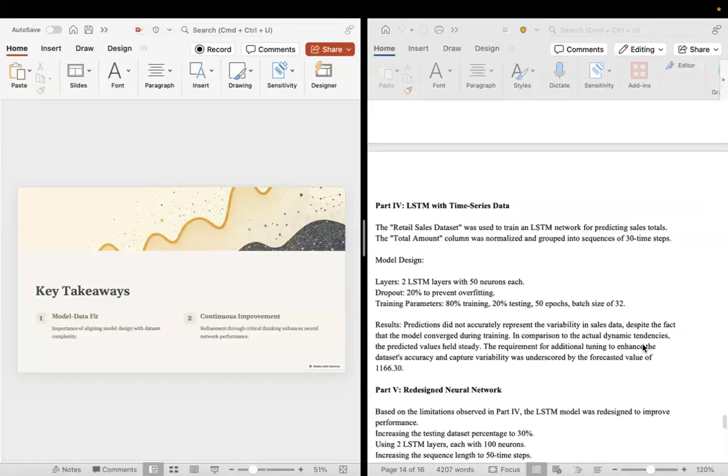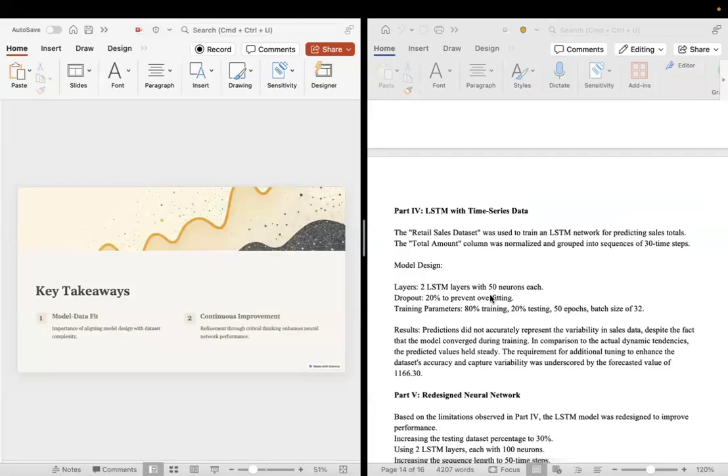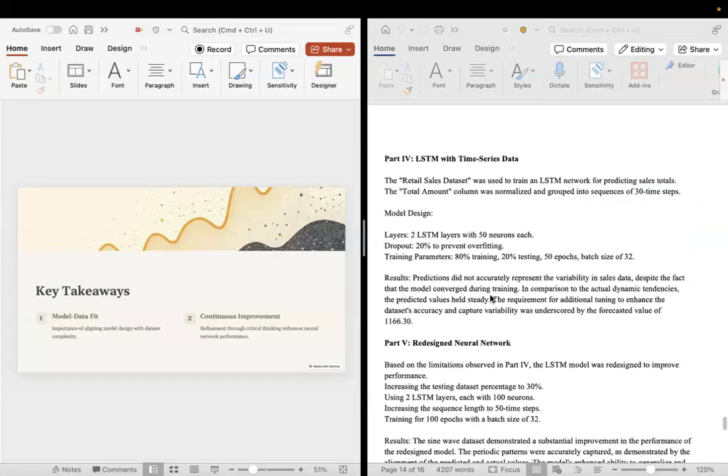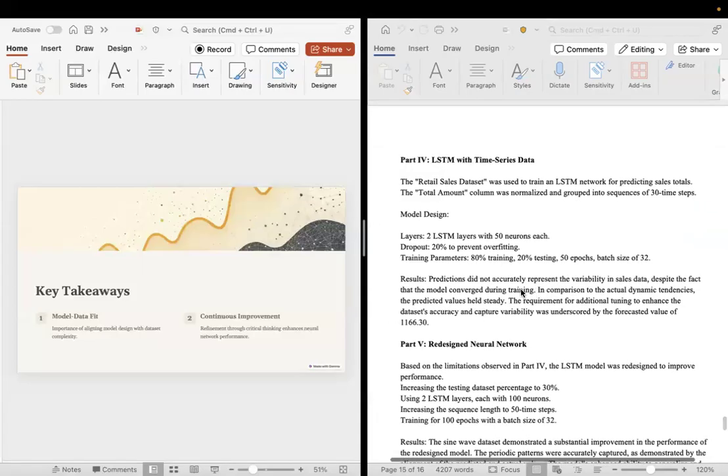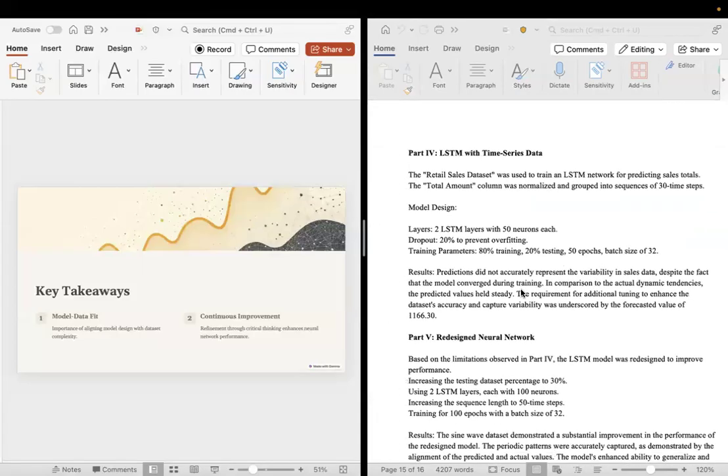Here is part 4, LSTM with time series data. The retail sales dataset was used to train an LSTM network for predicting sales totals. The total amount column was normalized and grouped into sequences of 30 time steps. Model design: 2 LSTM layers with 50 neurons each.